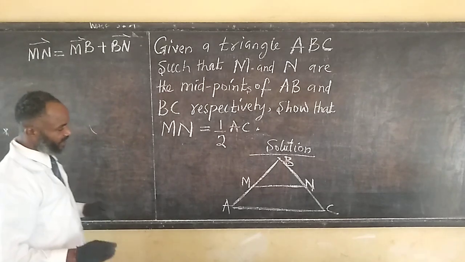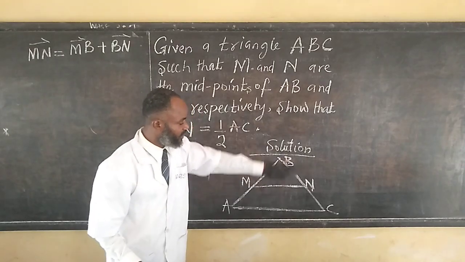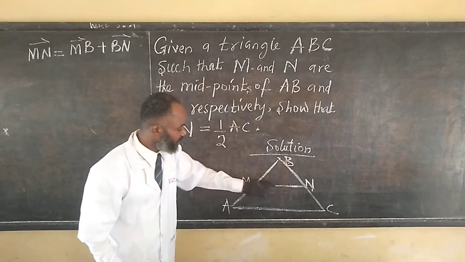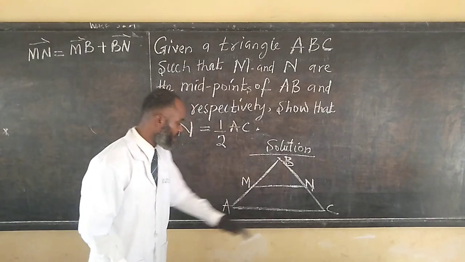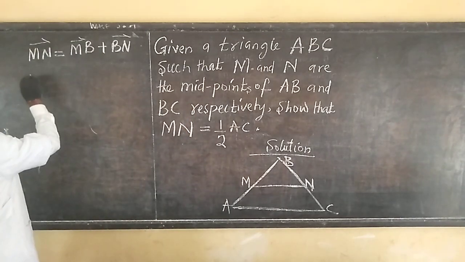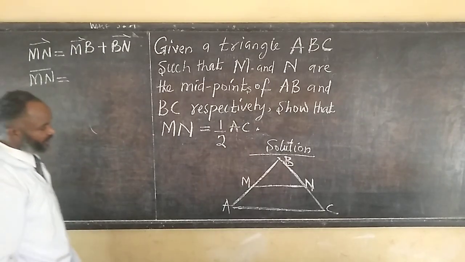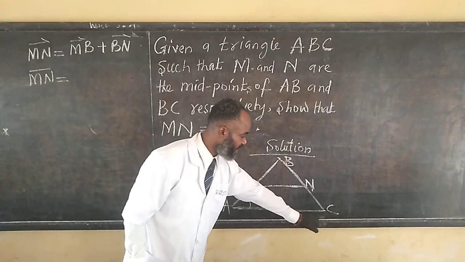We have done this for the upper side of the triangle. We're going to do the same for the lower side. So this side now, line MN is equal to MA plus AC, and then CN.